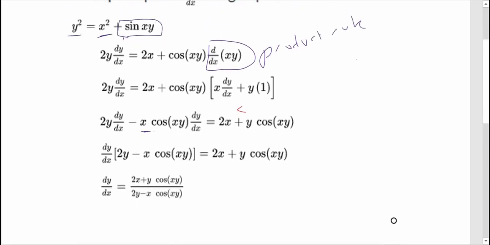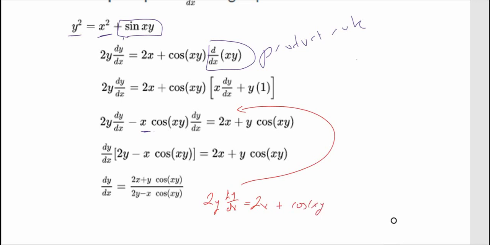Okay, so in that line, I have 2y dy dx equals 2x plus cosine of xy times x dy dx, okay, plus cosine of xy times y times 1, right?